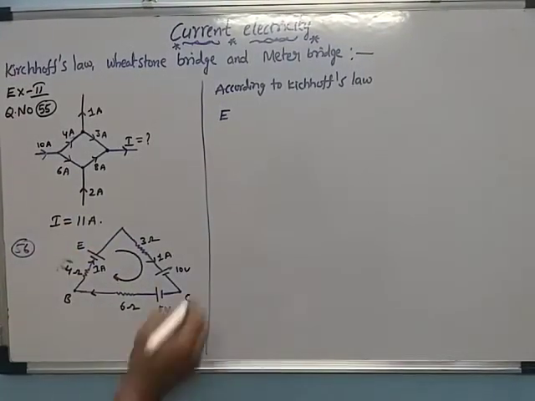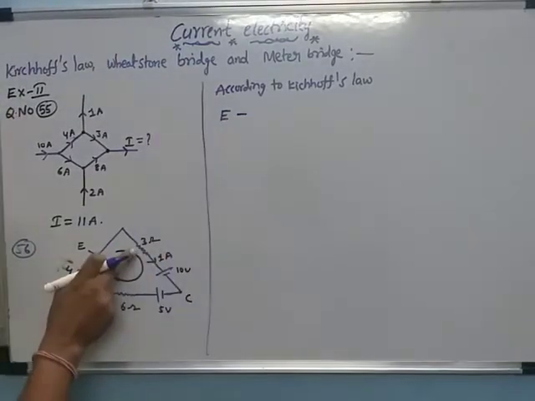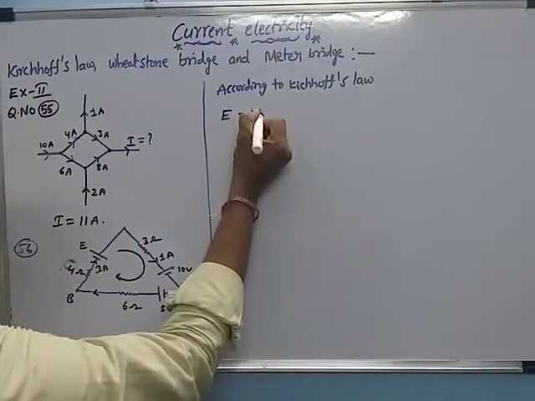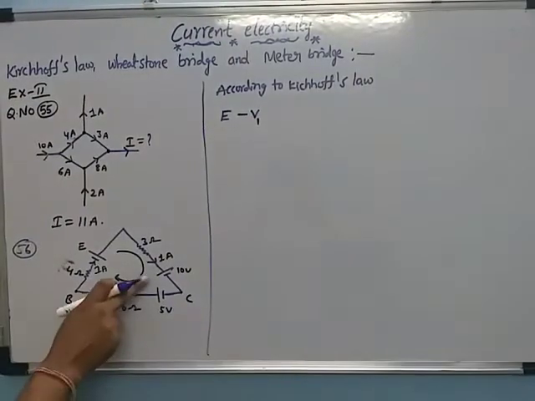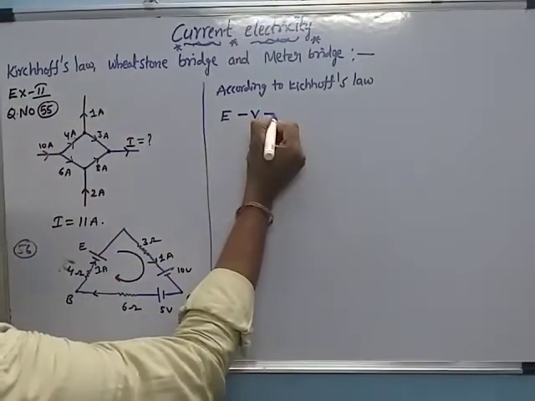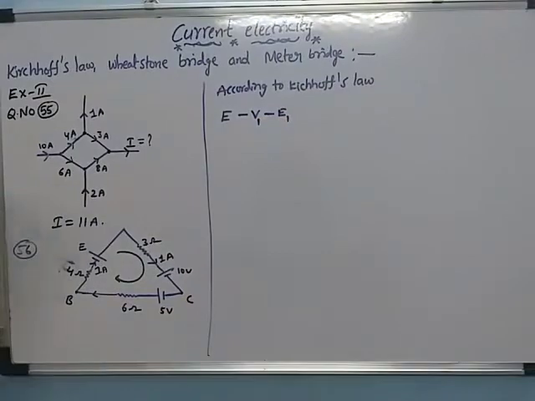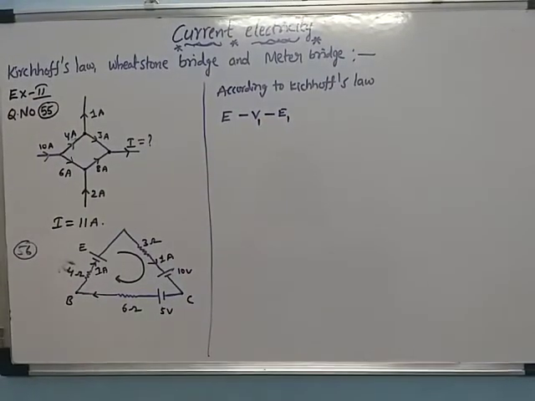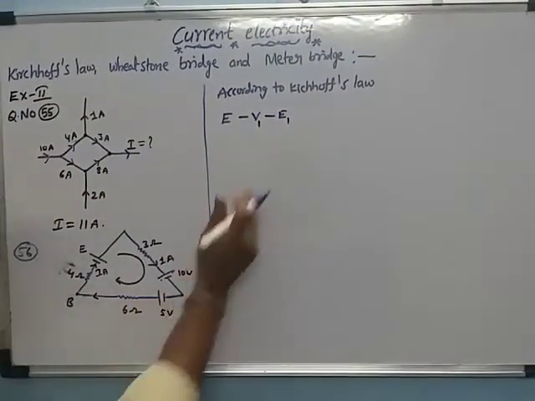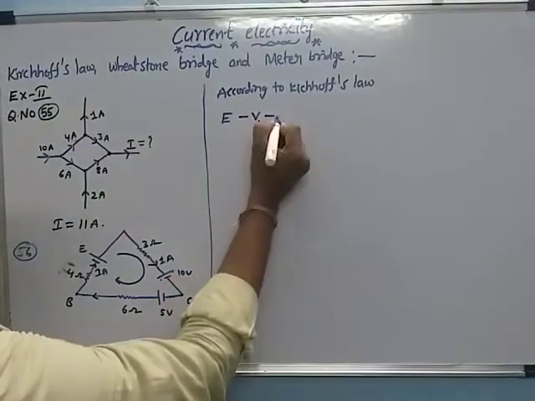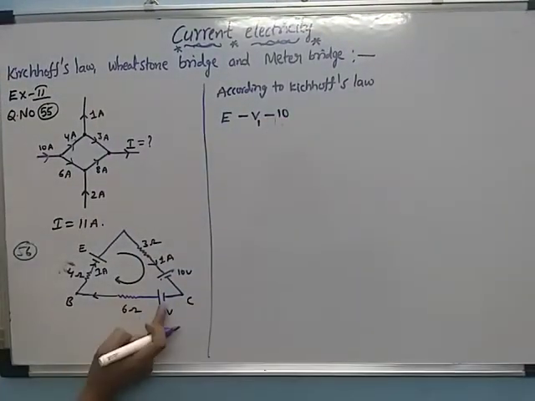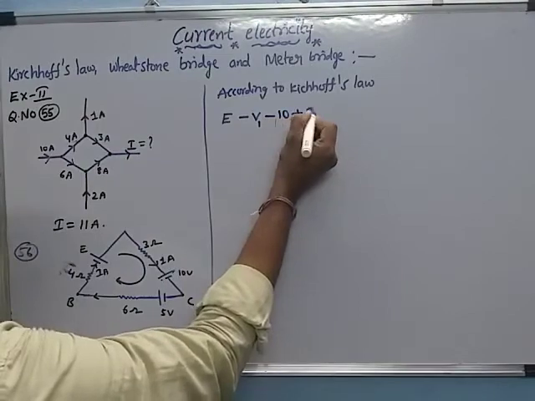Here, for the resistance, the potential difference is considered as V1, and going from positive to negative is a potential drop, so minus V1. Minus E1, which is directly given as 10. Now here, coming to the potential gain, gain means plus.